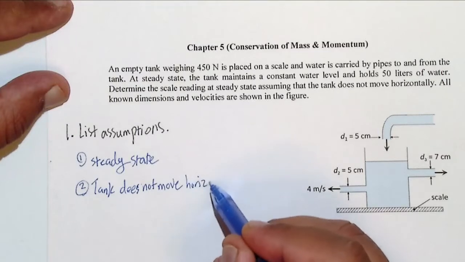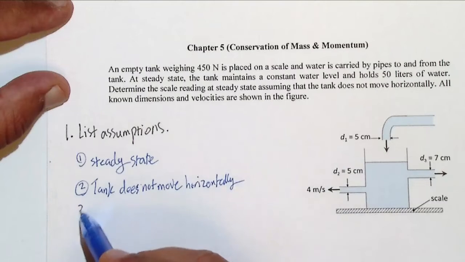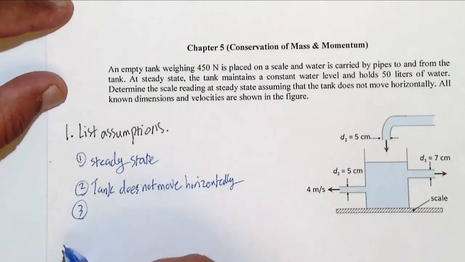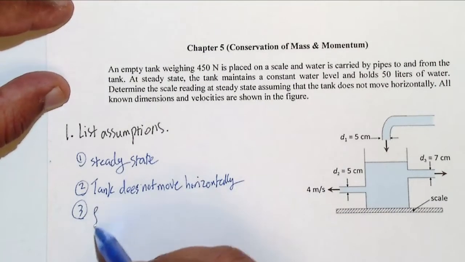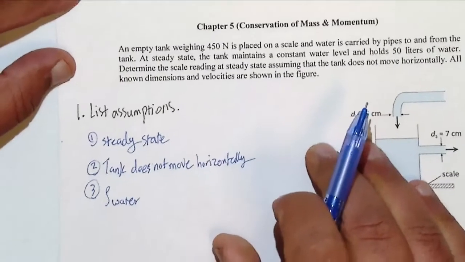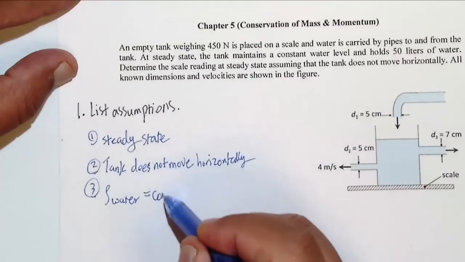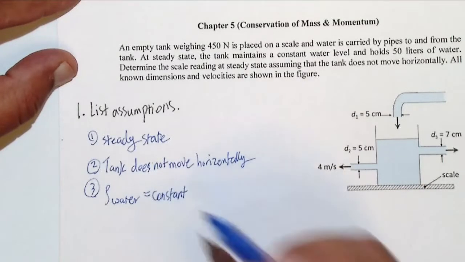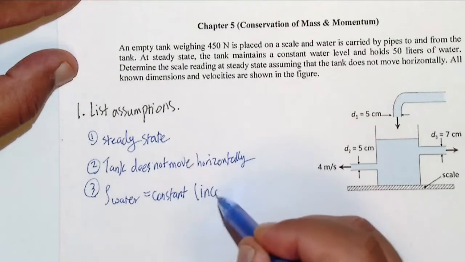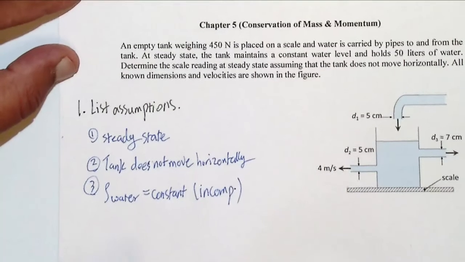And three, the density of water is constant. We can assume that, right? Density of water is constant, which means incompressible flow. Okay, so these are the assumptions.